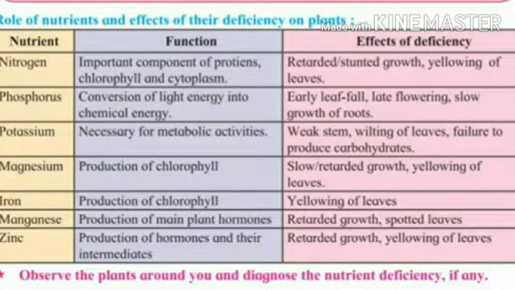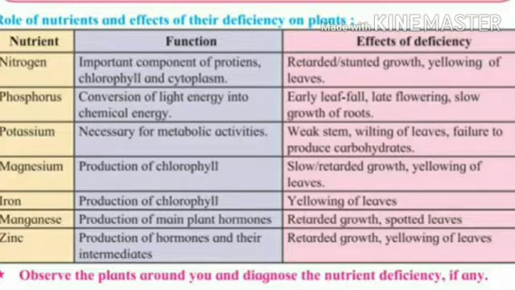Function is production of chlorophyll. Effect of deficiency is slow growth and yellowing of leaf. Nutrient is iron. Production of chlorophyll is its function. Yellowing of leaf is the deficiency effect of iron.